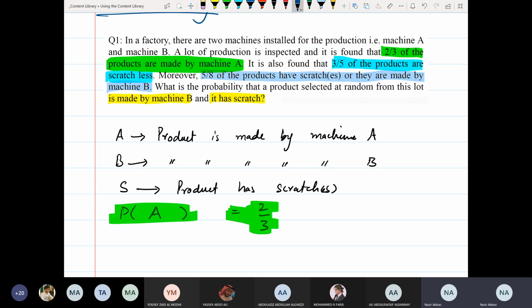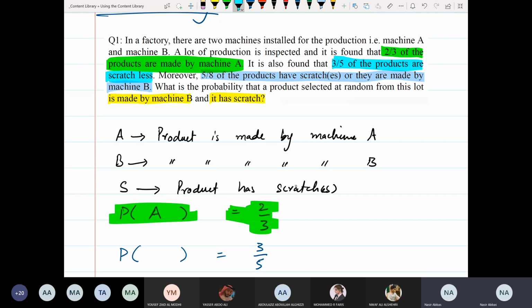Second, what is this 3/5? Probability of something equals 3/5. What is this? Raise your hand if you know it. Nawaf. This is the probability of S complement, that it is scratchless.